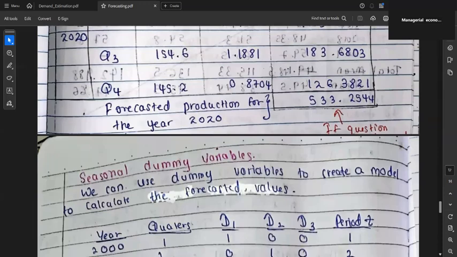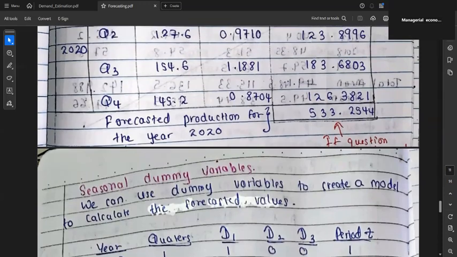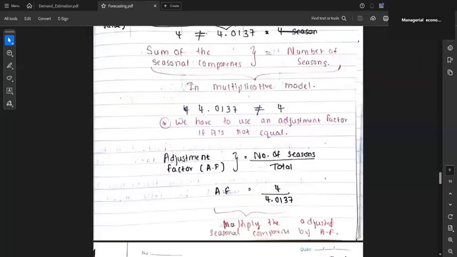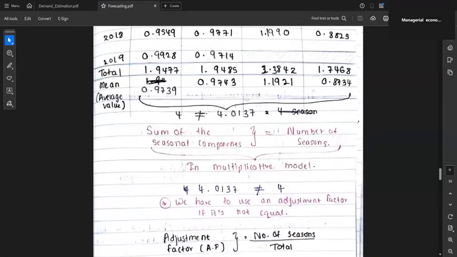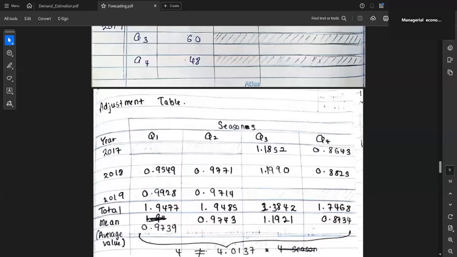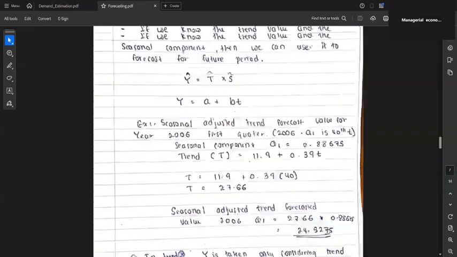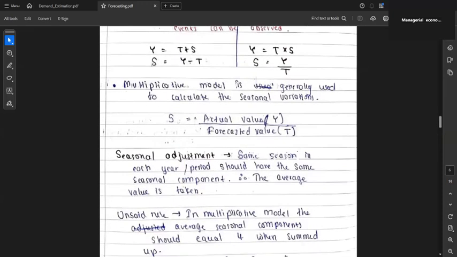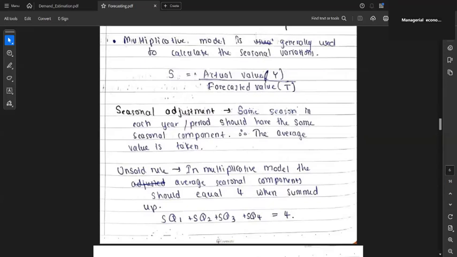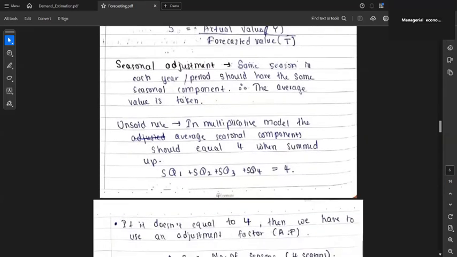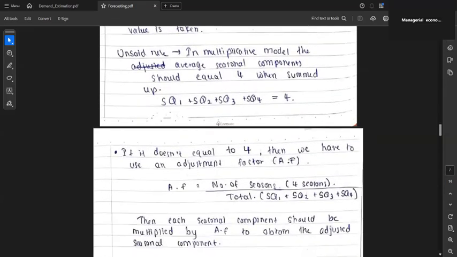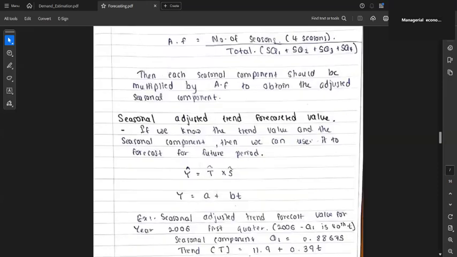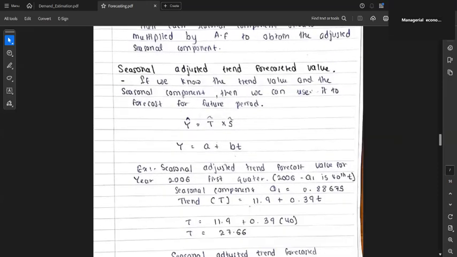Okay, then we can use these seasonal components and the trend components we found to forecast for future periods. This is the seasonally adjusted trend forecasted value.